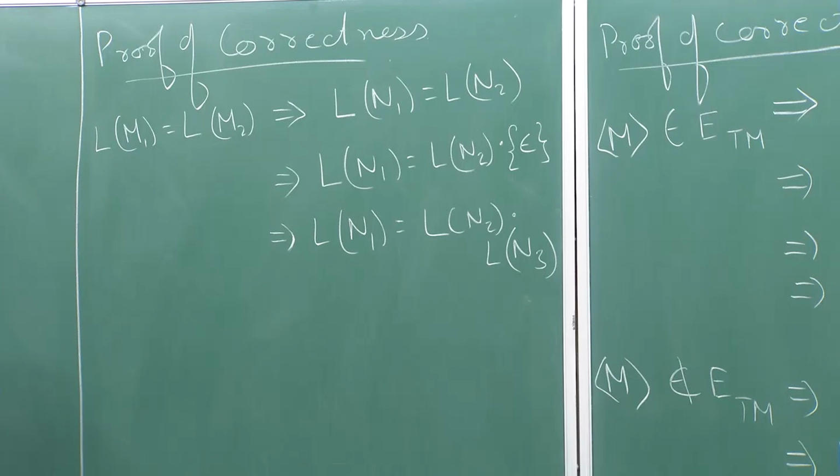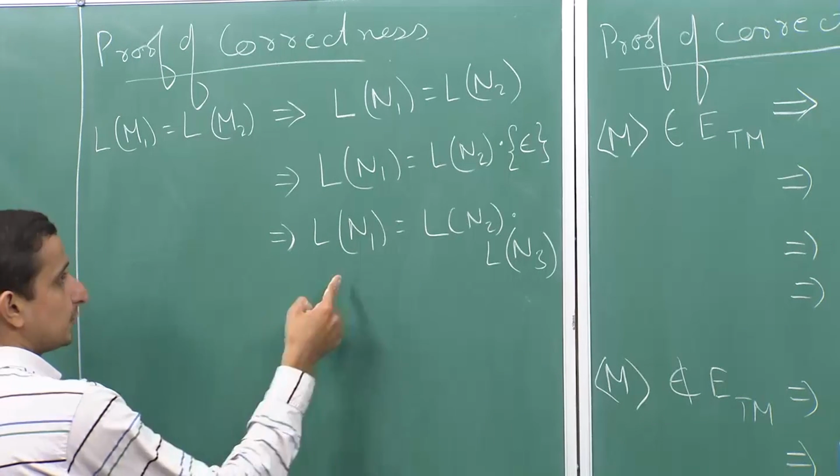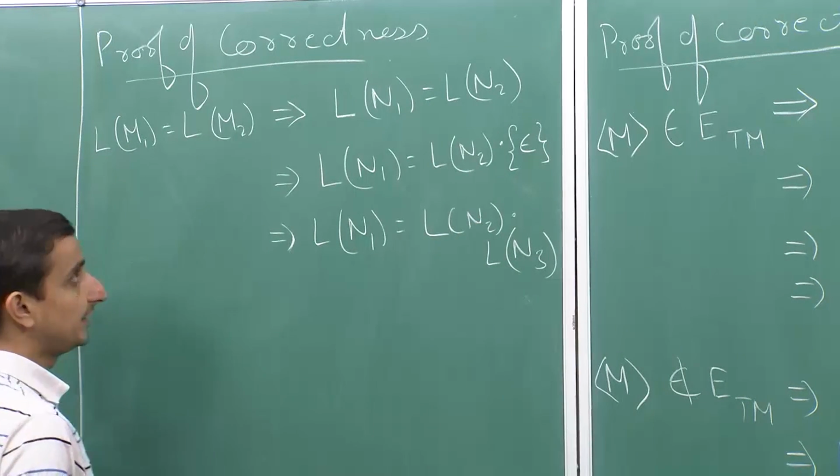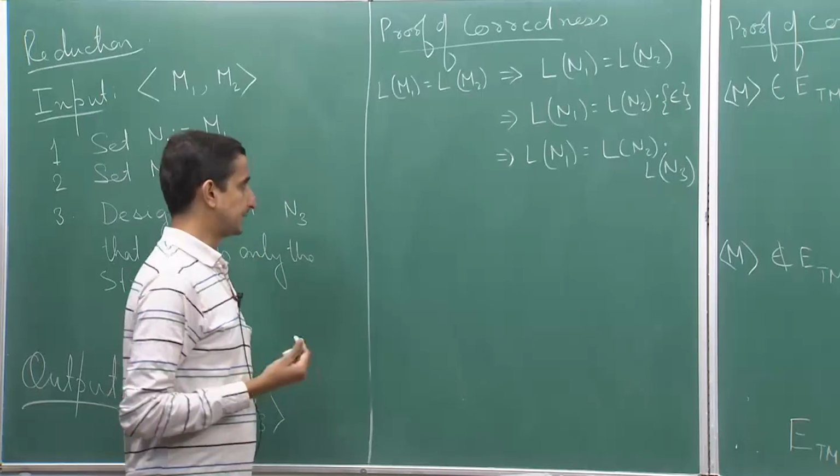Okay. Now, so this proves that N1, N2, N3 is contained in ConTM.